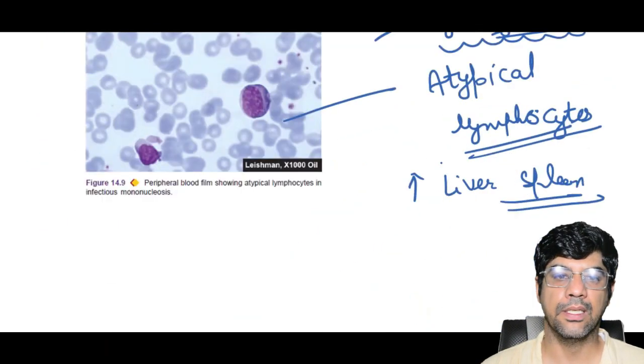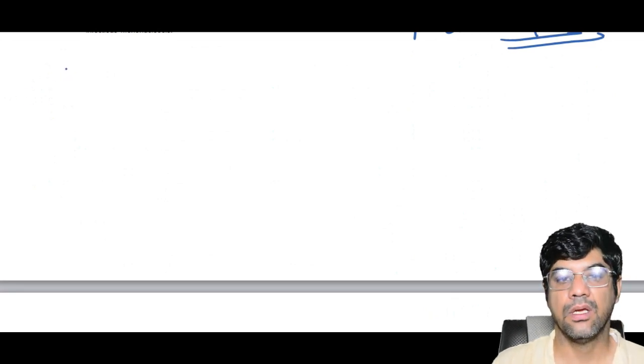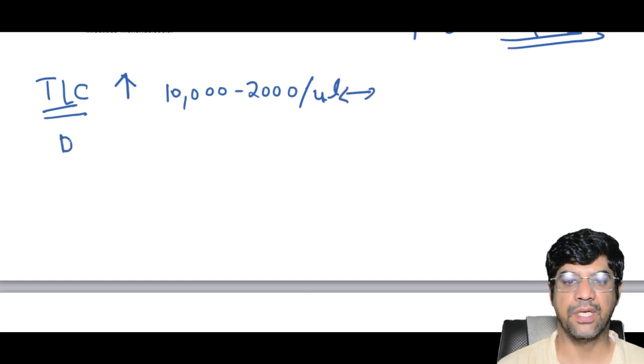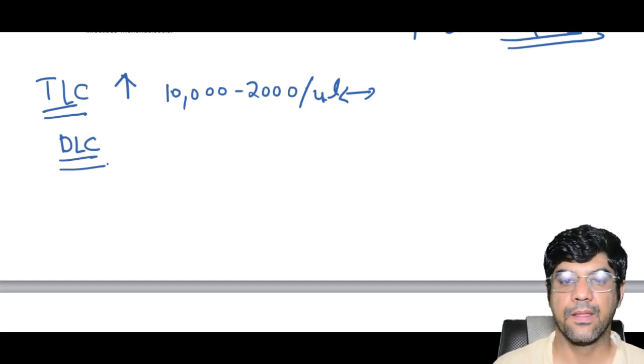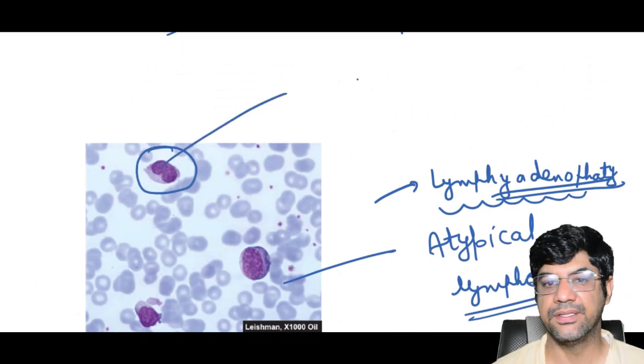Now what would be the laboratory findings in infectious mononucleosis? First of all, the blood findings. Total leukocyte count increases up to 10,000 to 20,000. In the DLC, differential leukocyte count, you will see lymphocytosis, that is increased lymphocytes, an increase in both normal and atypical lymphocytes.